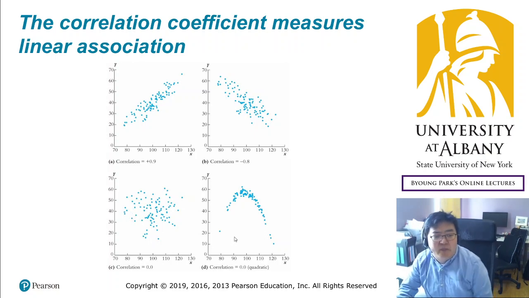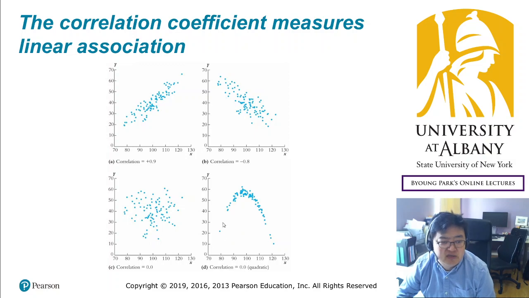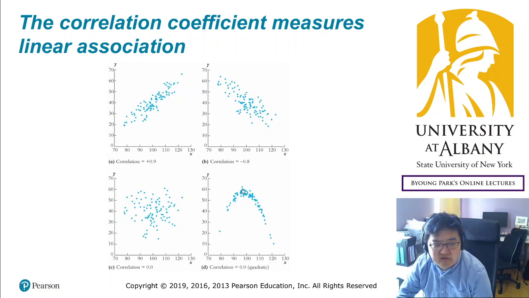By the way, another problem here is that in the last case, when you look at the graph, there is a clear pattern. When x increases, y first increases, and then after a certain point, it starts to drop, and the drop rate becomes faster. It drops even faster as x increases.